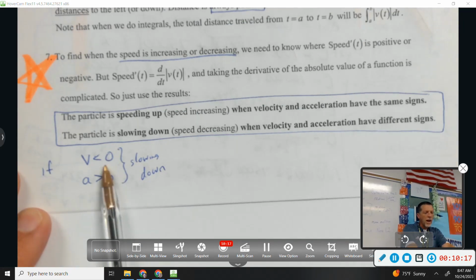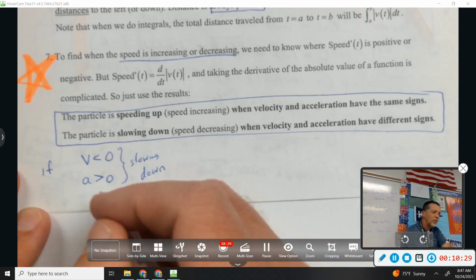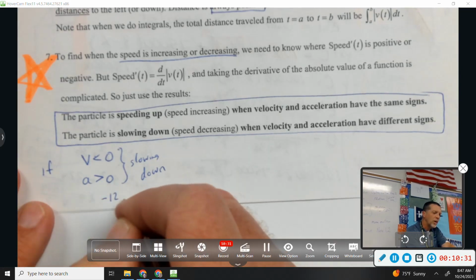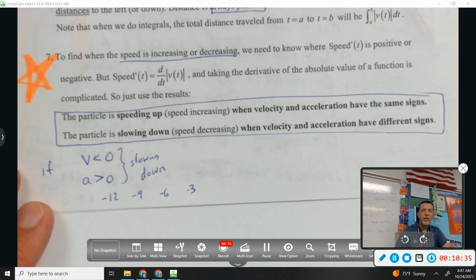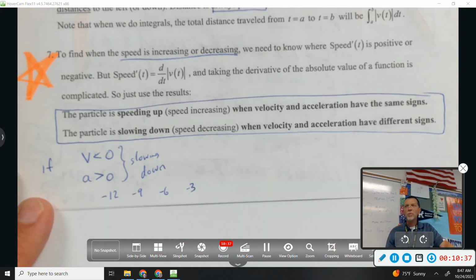But if you're going backwards and you're pressing the brake, is your acceleration positive or negative? So your velocity is going from negative 12, negative 9, to negative 6, to negative 3. Like you're slowing down, you're pressing the brake, but your acceleration is positive. So it's just a little bit weird.